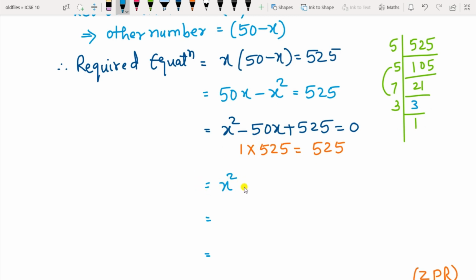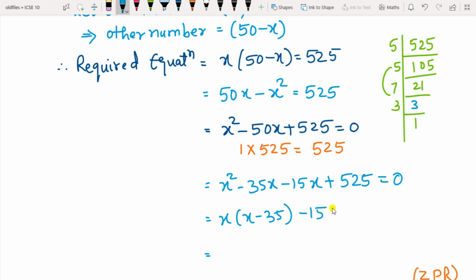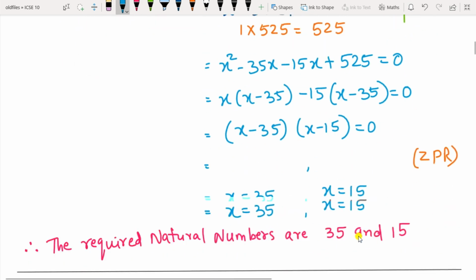So this will be x square minus 35x minus 15x plus 525 equal to 0. Now take out common, this is x minus 35 minus 15 times x minus 35 equal to 0. So one bracket will be of x minus 35, the other bracket will be x minus 15 equal to 0.